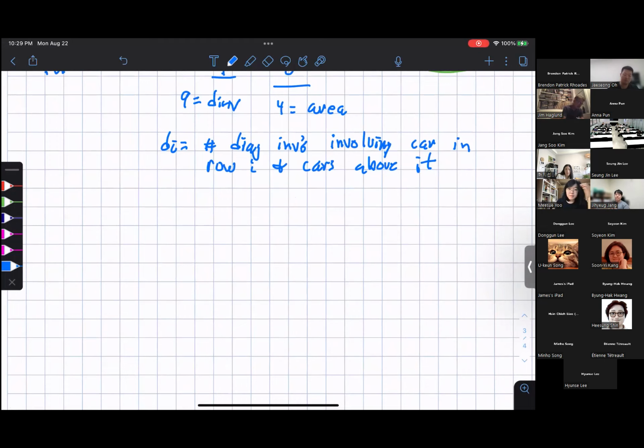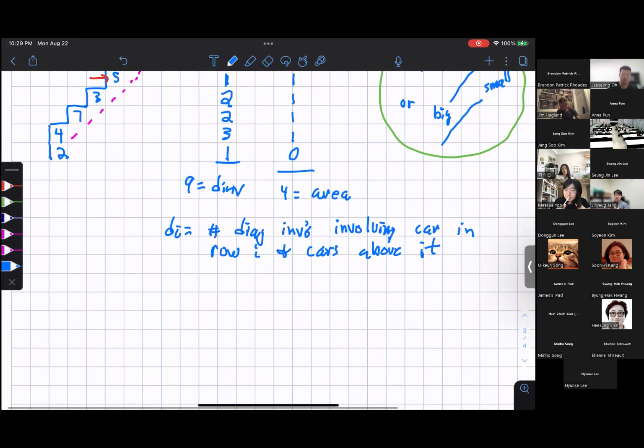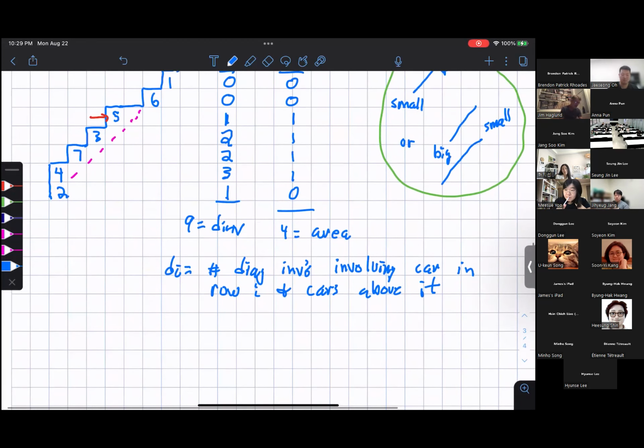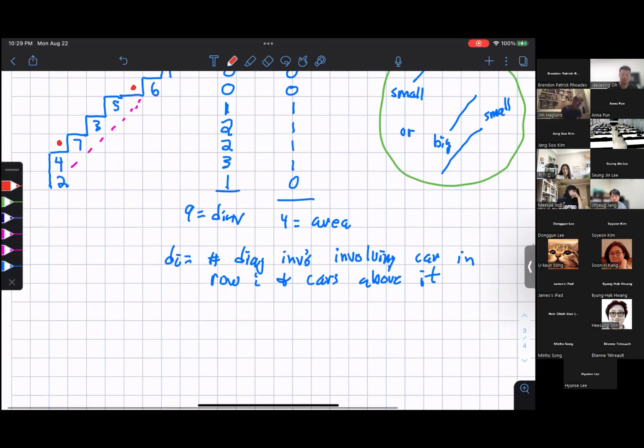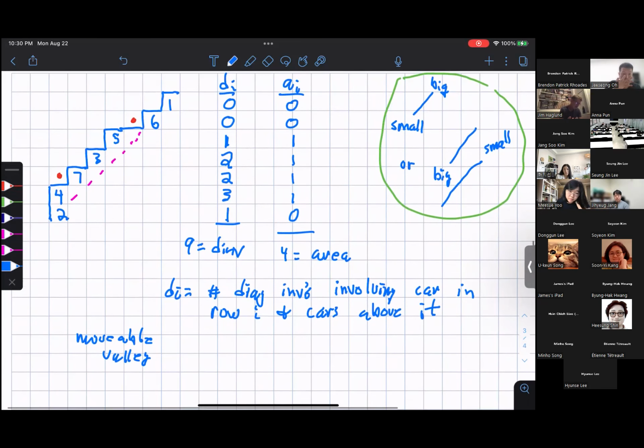Okay, and then we start with something like this. And then we mark certain valleys. A movable valley is a car where if you pushed it 1 column to the left, you would still have a parking function.